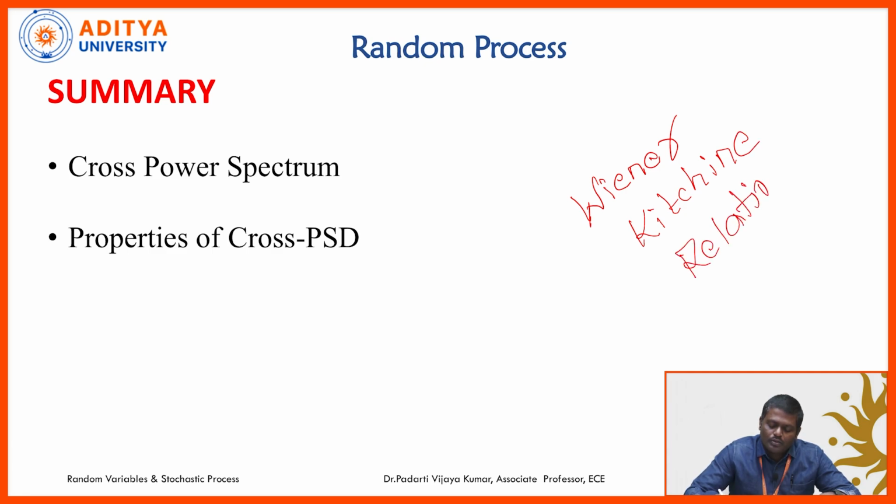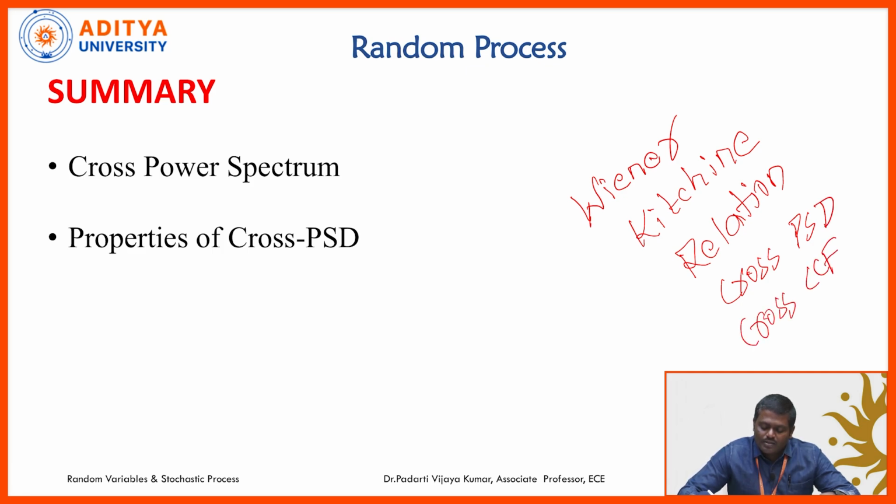We will compute the cross average power, the cross power spectral density, and the cross correlation function using this Wiener-Khinchin relation. So, this relation is very useful in solving the problems. This property is very important.